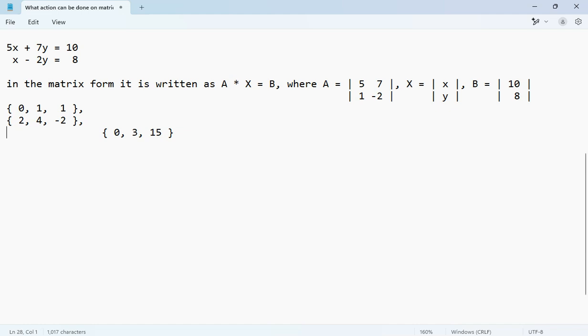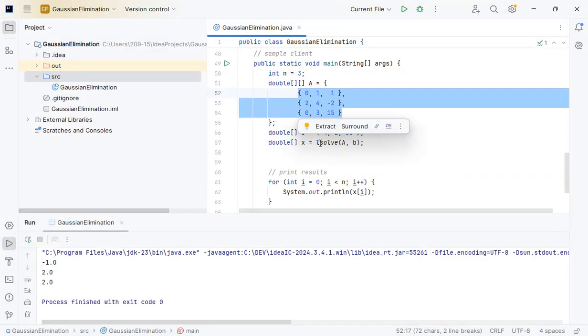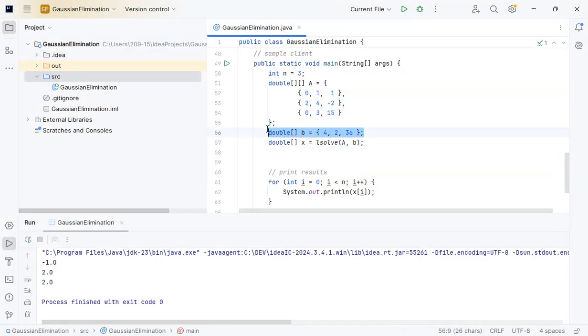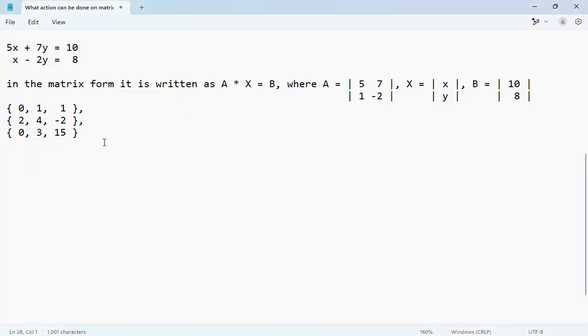Now, what does it mean? Let us try to understand. This array is for A, and this array is for B. Can we reconstruct the system of linear equations? Then we have the following system. 0x plus 1y plus 1z equals 4. I hope you understand, because this is the row, and that's why we have such coefficients.